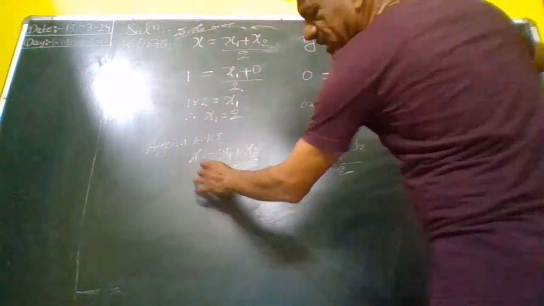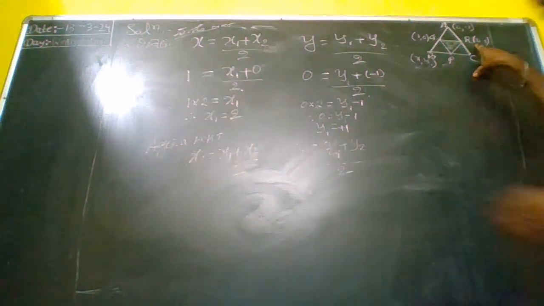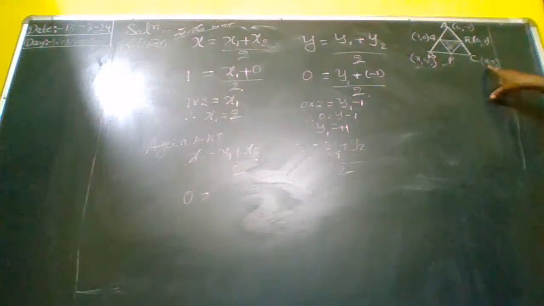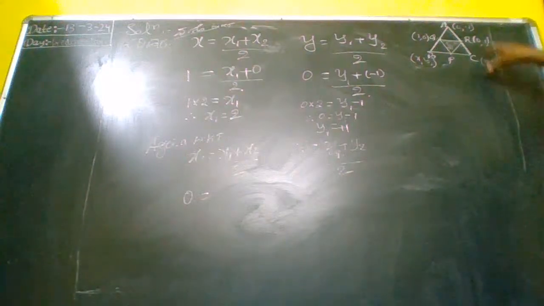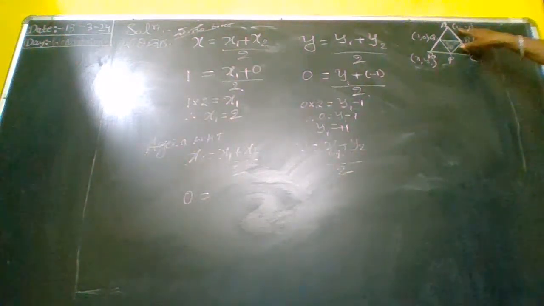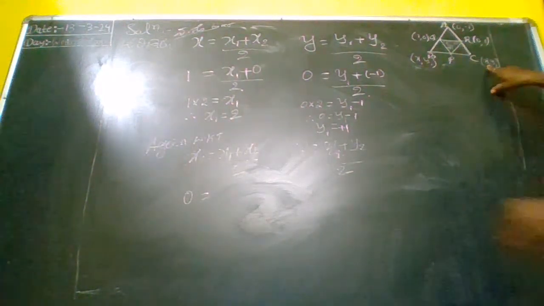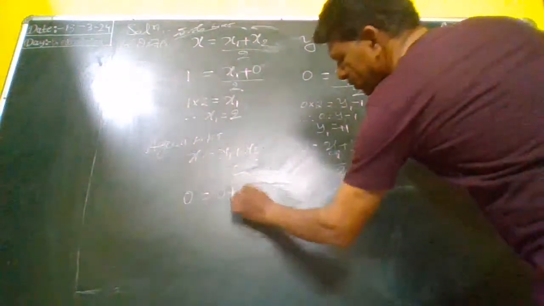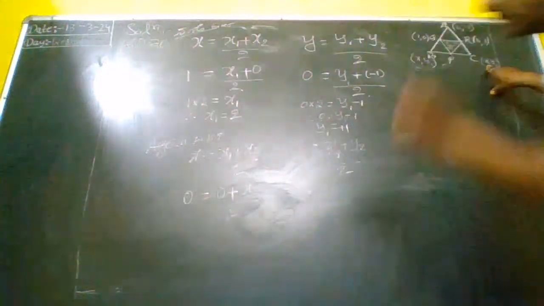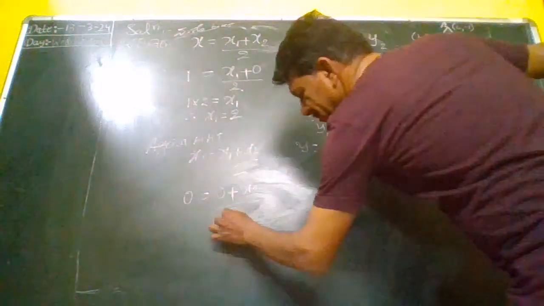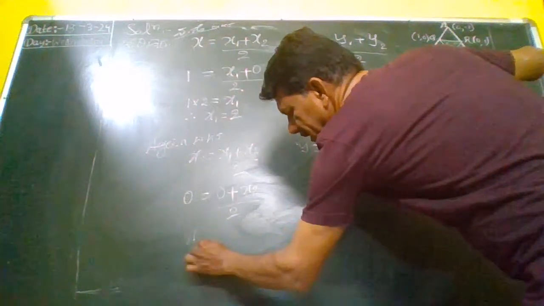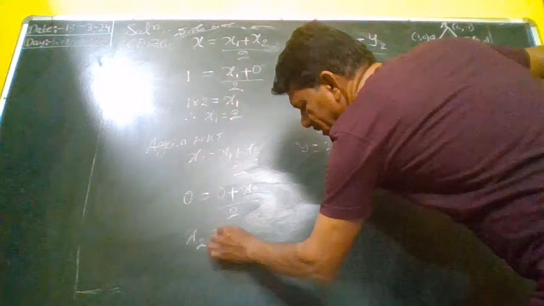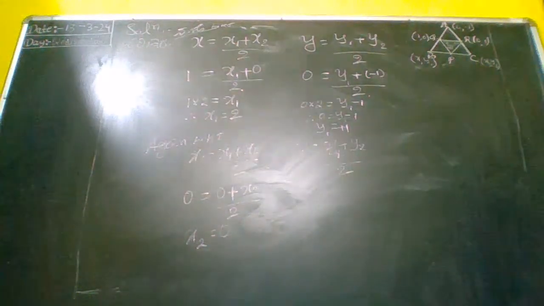So the value of x here is 0. 0 is equal to, here x1 is 0 and x2 is x2 itself, 0 plus x2 divided by 2. So after simplification, we will get x2 equal to 0 into 2 is 0, and 0 minus 0, 0. The final answer is 0 here.